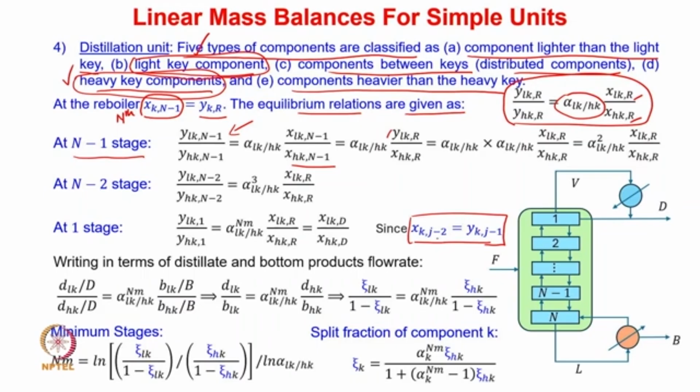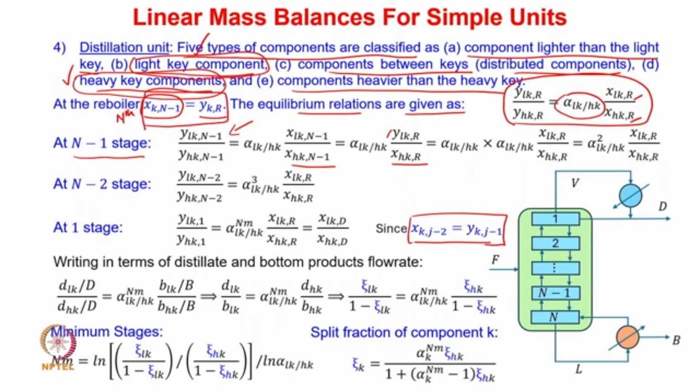With the same concept here, we can represent x lk n minus 1 as y lkr. Remember, this x lk n minus 1 is the same as y lkr, and similarly x hk n minus 1 is the same as x hkr using this particular equation.